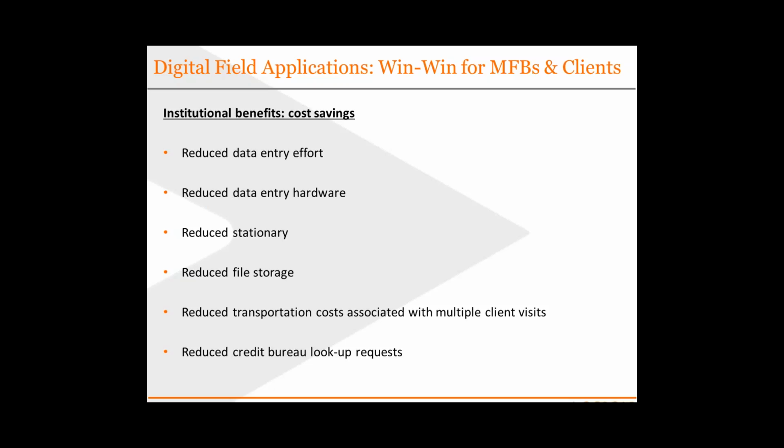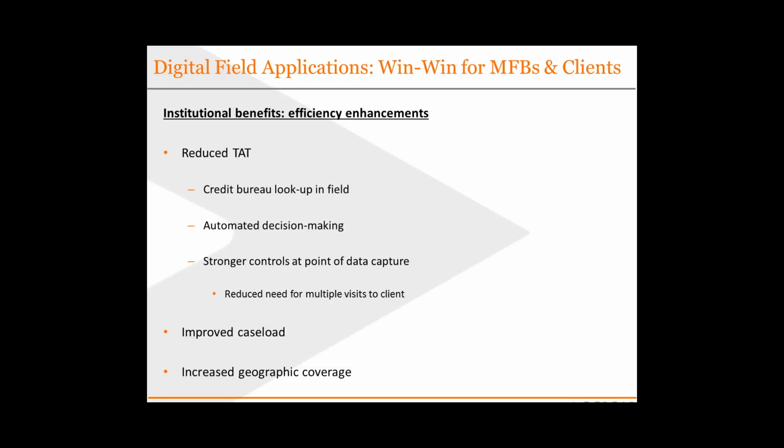Again, I mentioned at Ujjivan the need for multiple credit bureau lookups was reduced if you can fit the entire process into the validity of one credit bureau check. On the efficiency side, again, reducing turnaround time, automated decision making, stronger controls at point of data capture reduced the incidence of human error, which again necessitates multiple visits.